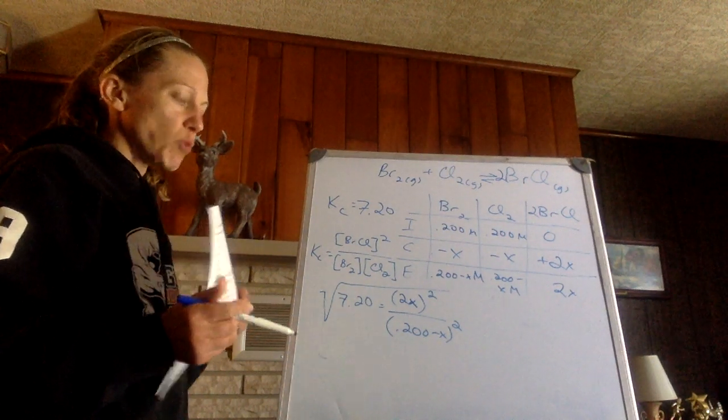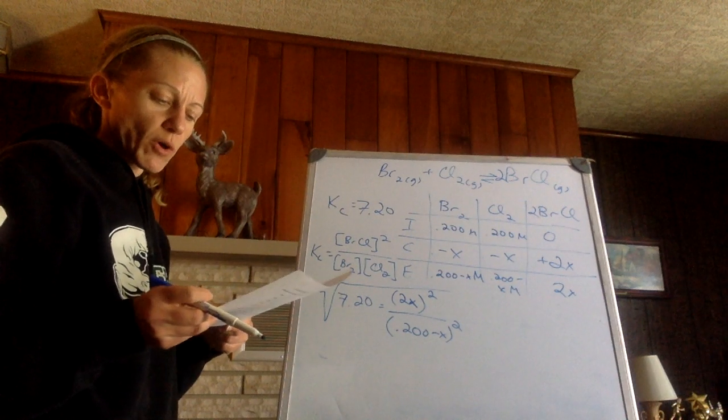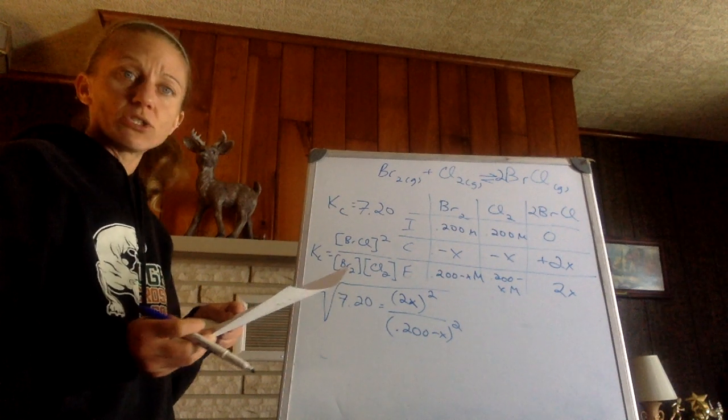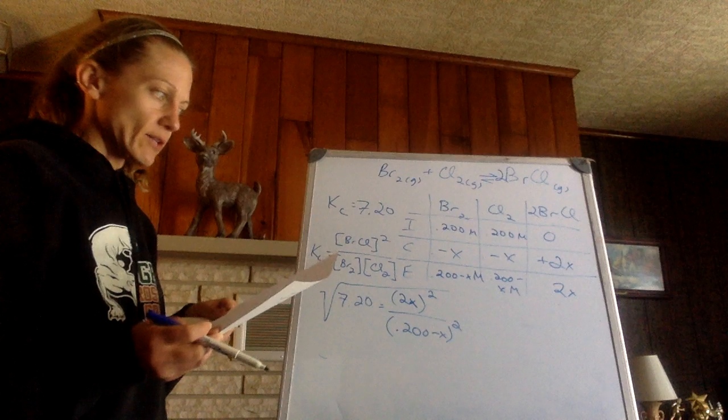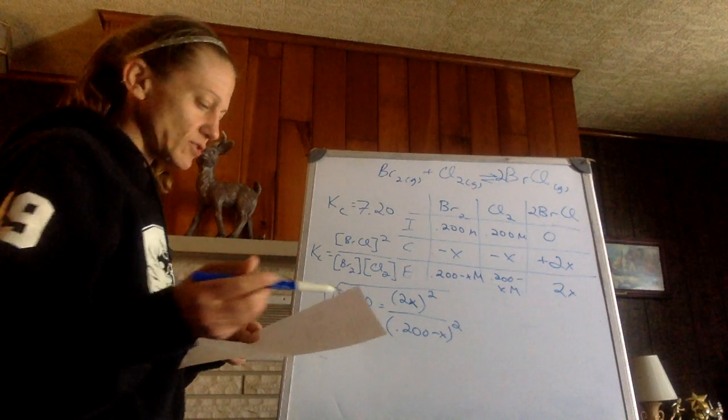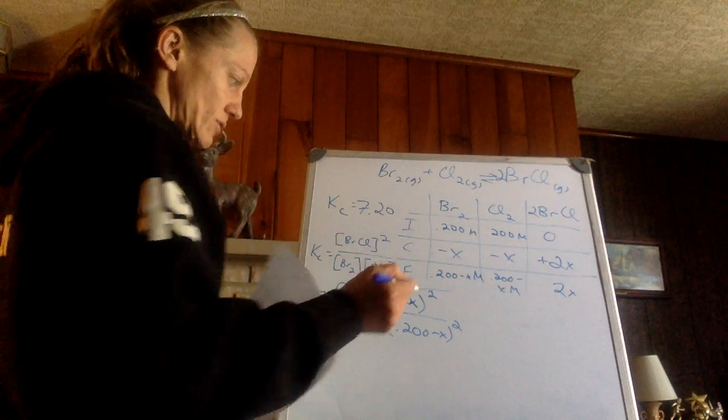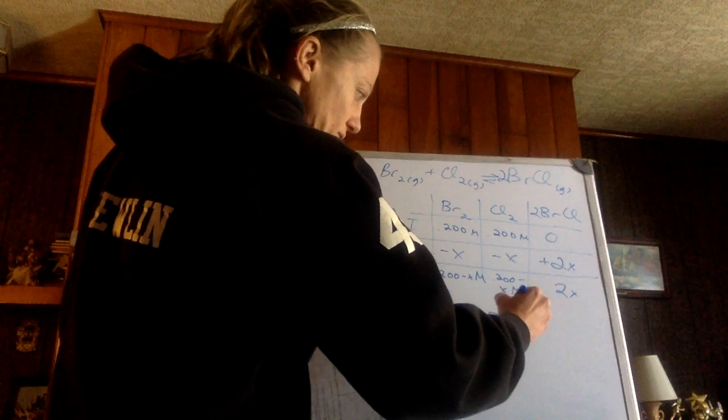So what I end up with, when I do this, and you're welcome to work through too, I end up with the square root of 7.20 equals 2x over 0.200 minus x, by the time I have solved.